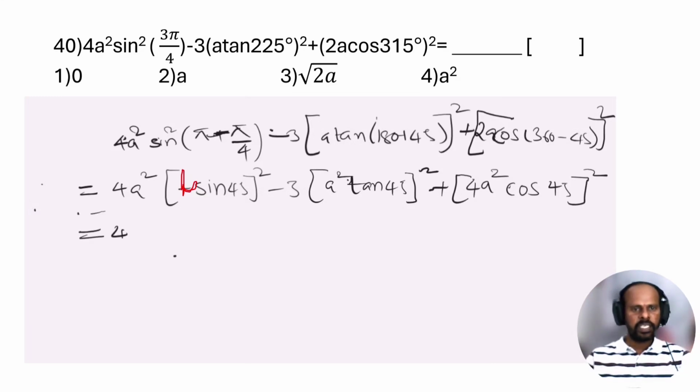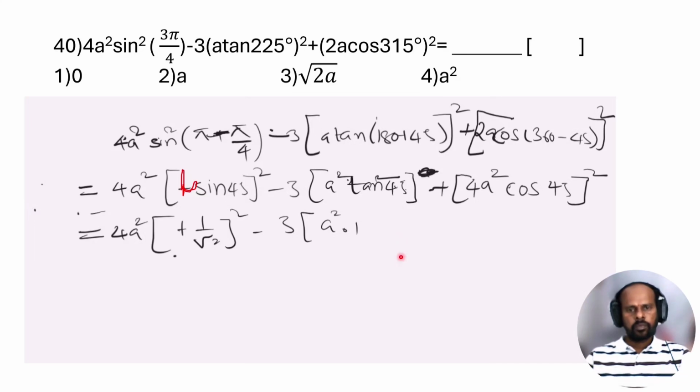4a square writing as it is, sin 45 is 1 by root 2 whole square, minus 3a square, tan 45 is 1, tan 45 is 1, and next the square is already separated. Next 4 into 4a square, cos 45 is 1 by root 2, and the square is only for cos, not for the whole.